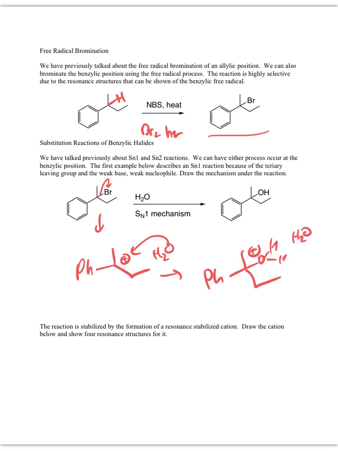And then that gives us the extra hydrogen on the oxygen. We remove it and we get the alcohol. So we can turn the alkyl bromide into the alcohol on the atom right off of the ring.